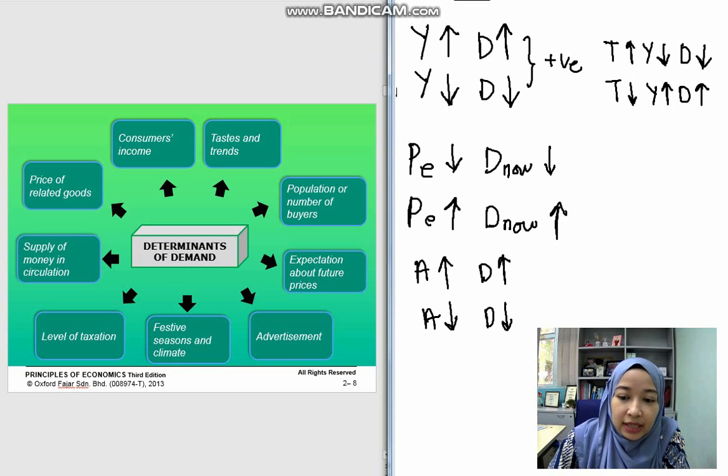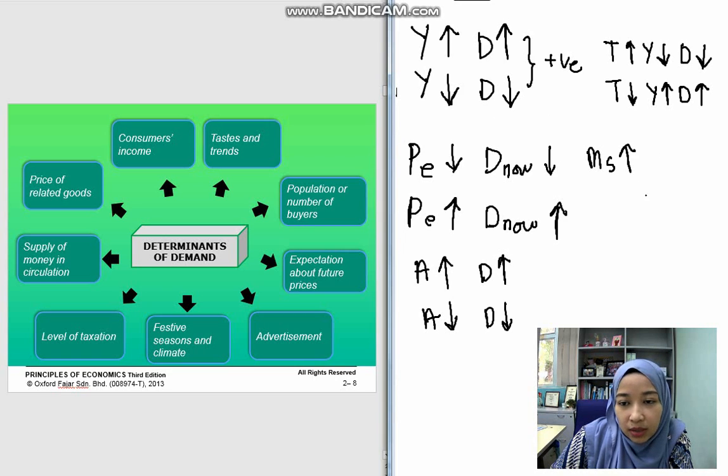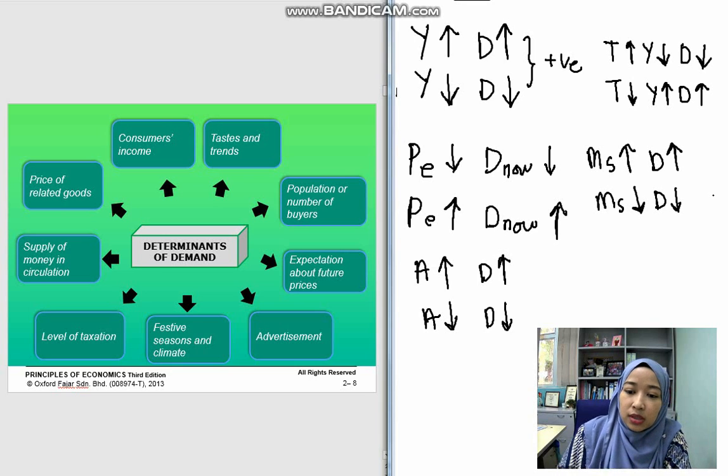If it is easier for people to make loans, people will have more money to spend, so demand will increase. So simply said, when money supply in the economy increases, meaning people have more money in hand, they can spend more. When there is less money supply in the economy, meaning people hold less money, demand will reduce.